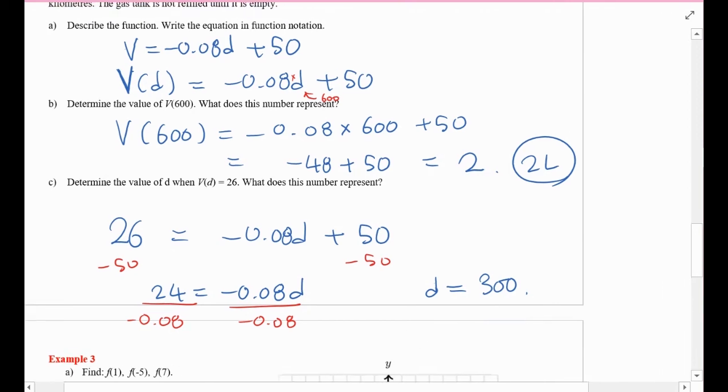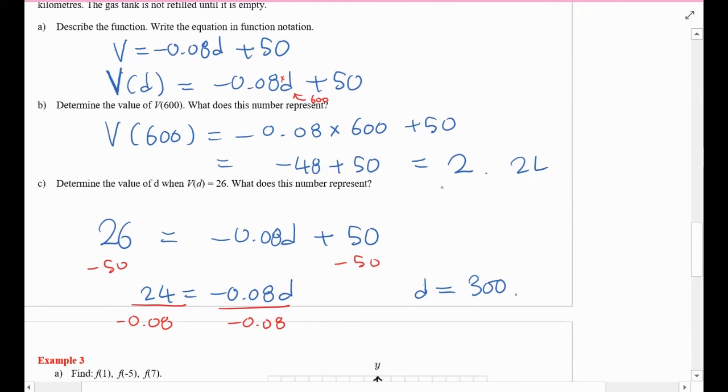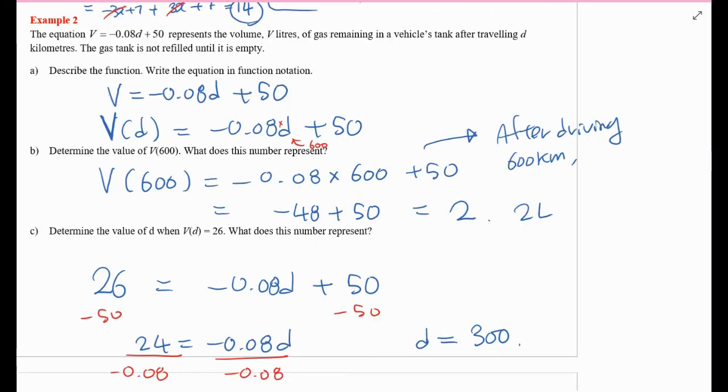Okay, so let's just write it verbally. Here for part B, after driving 600 kilometers, 2 liters of gas will be left in the tank.